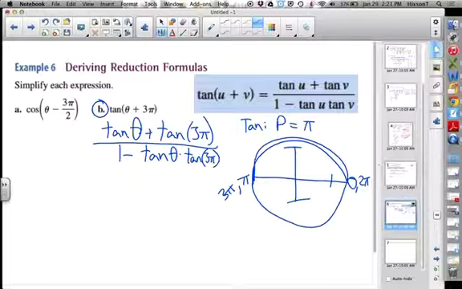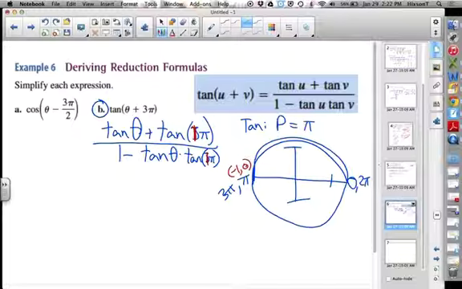So that gets us into our unit circle. Tangent of 3 pi is going to be the same as tangent of just pi. And what is that? It's 0, because it's the point (-1, 0). Sine is 0, cosine is -1, and 0 over -1 is 0.